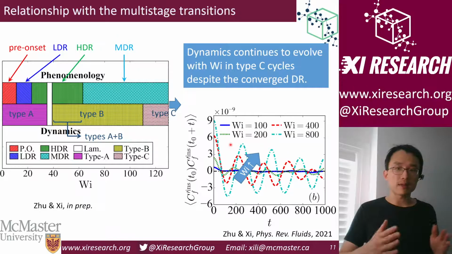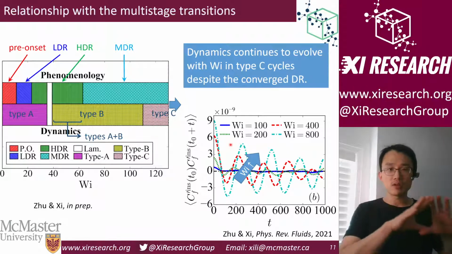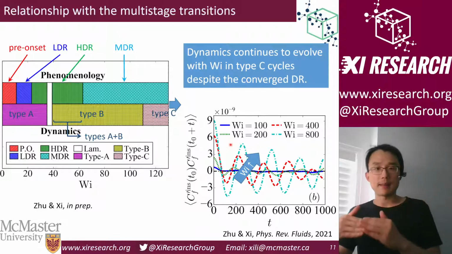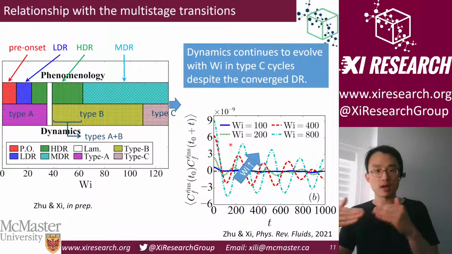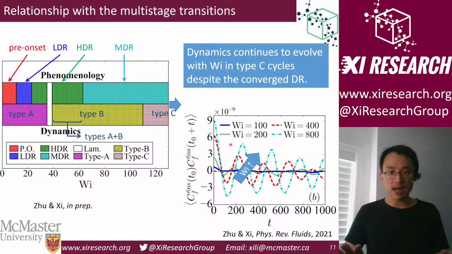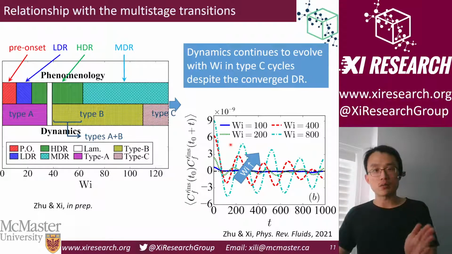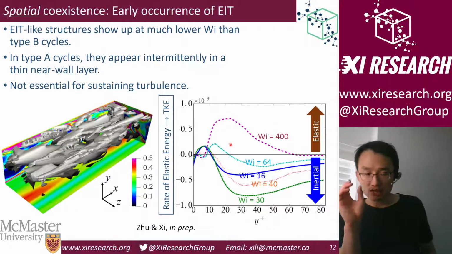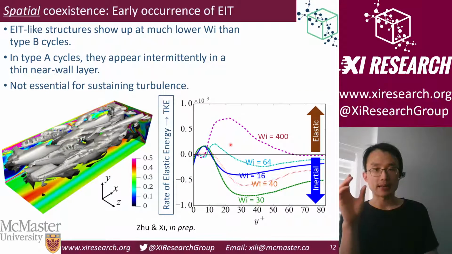So what we observe here is that behind the convergent drag reduction flow rate in MDR, the underlying dynamics never really converge to a constant state. There are at least two different classes, and with the increasing Weissenberg number, the characteristics of the fluctuation keep on changing.